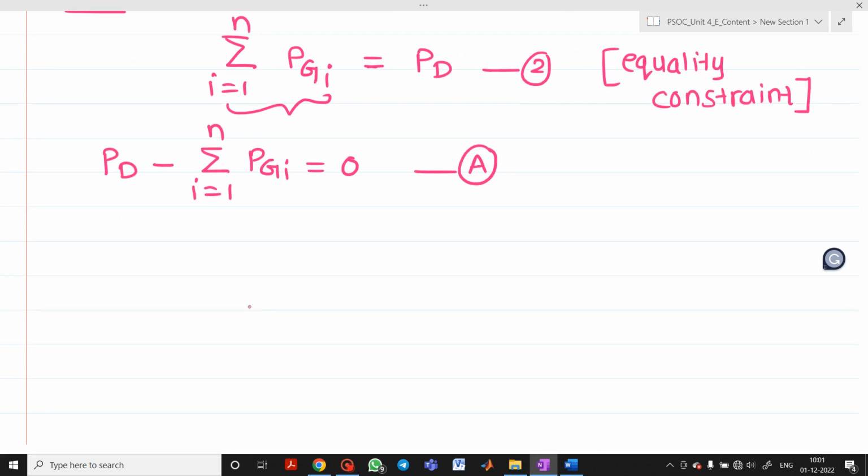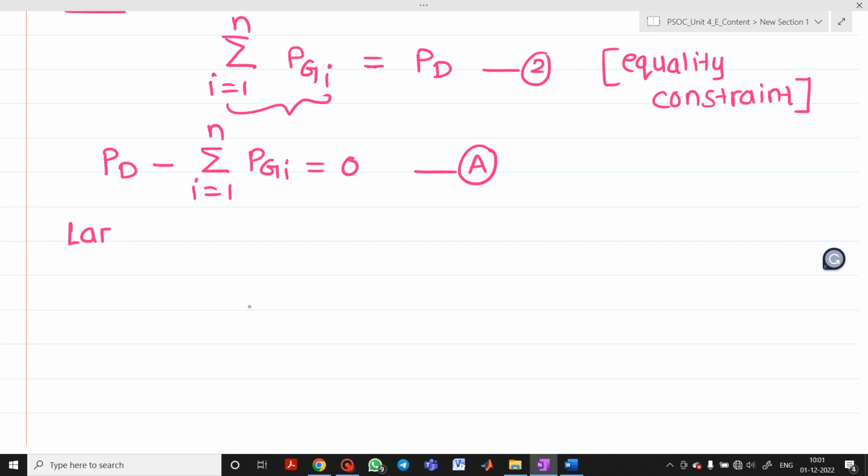Here we know that CT is the total cost. Pgi is the generation of a plant, i number of plants we can say. PD is the total demand. Now, the problem of minimization of total cost, that is CT, can be solved by Lagrange's multiplier method.